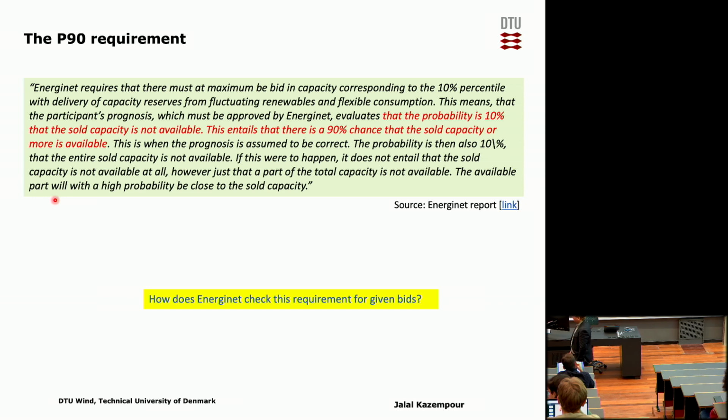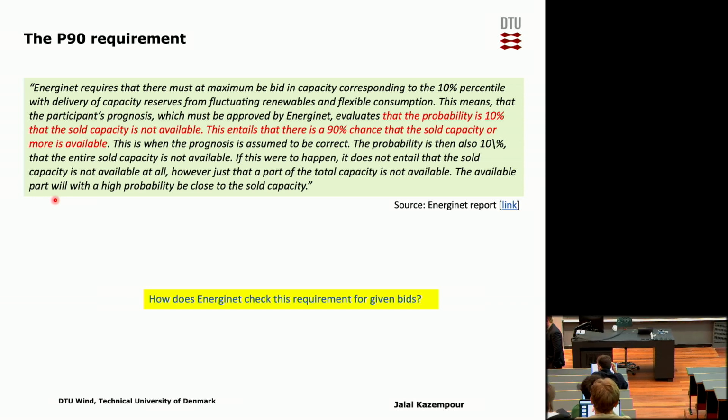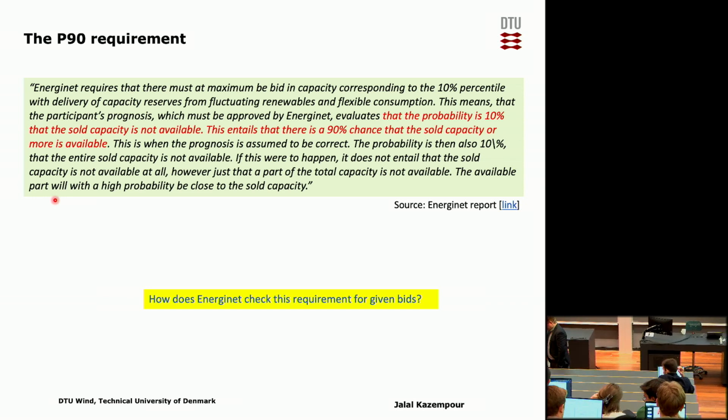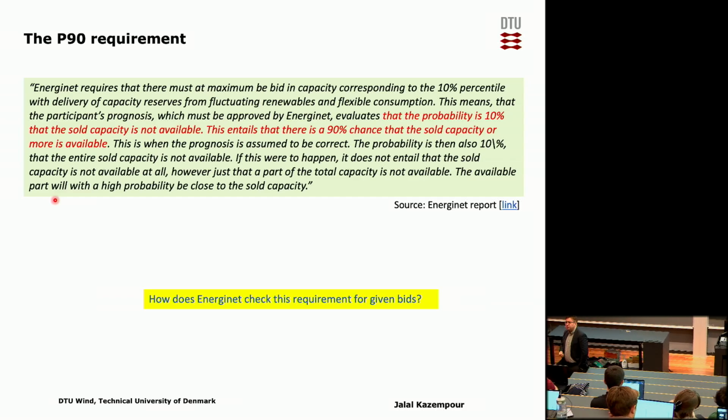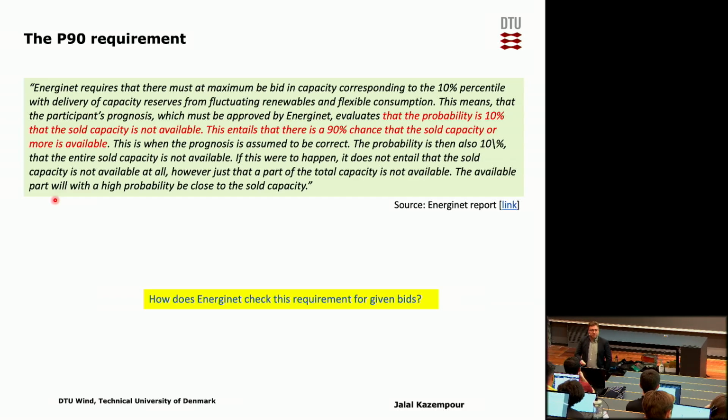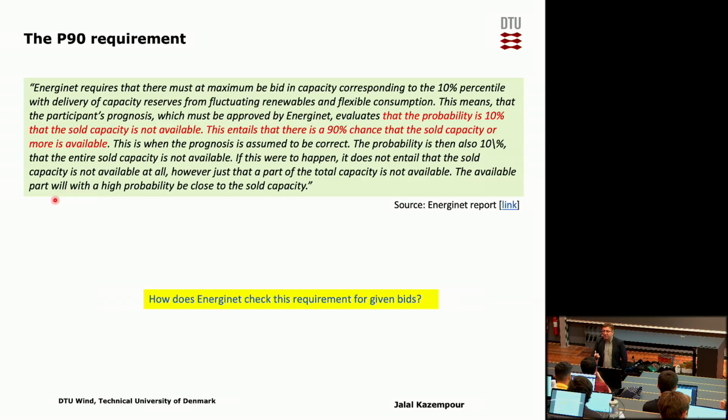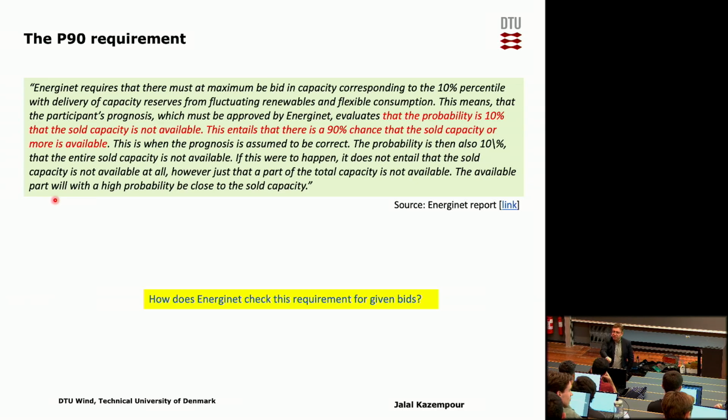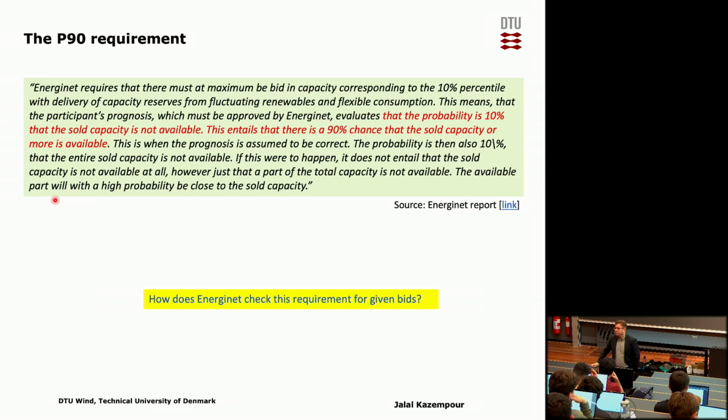And to be honest, we should not link checking the quality of the bids to activations. We should have a strategy independent of activation, saying that, okay, we are not just relying on activations. We want to know whether the bid you submitted really follows the P90 requirement or not. How can we do that?